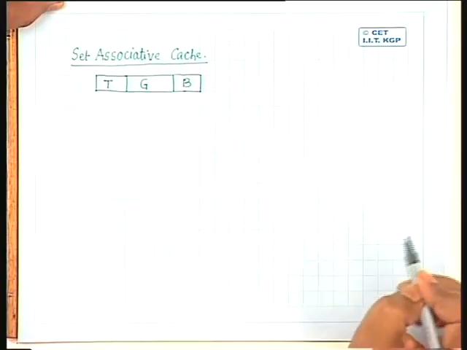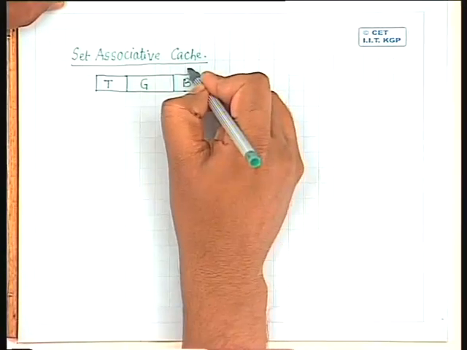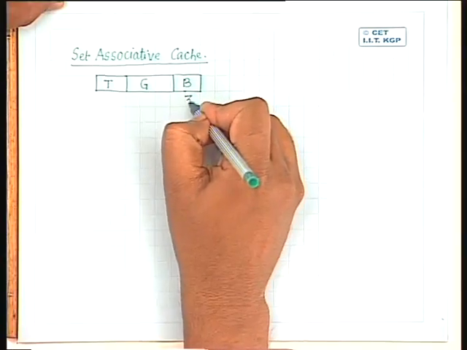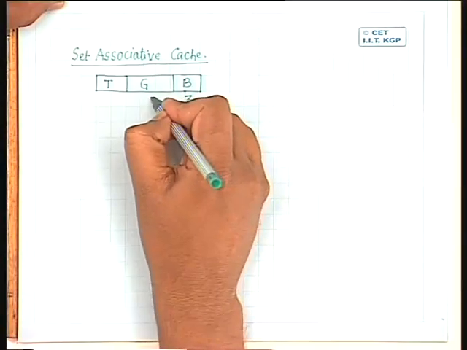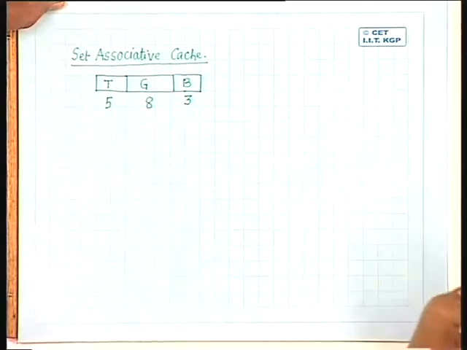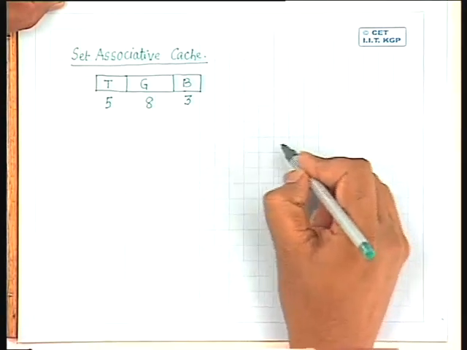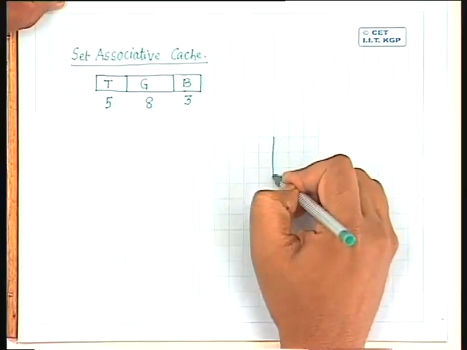Taking the similar example as we have done in case of direct mapped cache, suppose this byte identification requires 3 bits, group identification requires 8 bits, and tag identification requires 5 bits, having the same 16-bit main memory address.